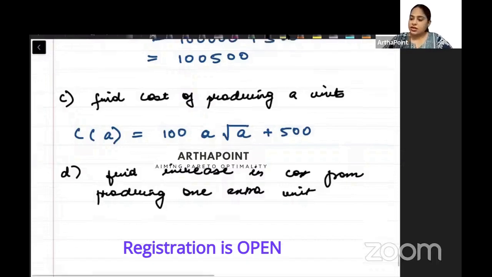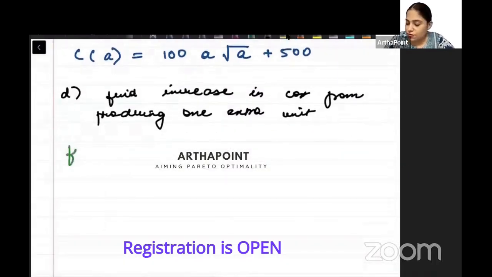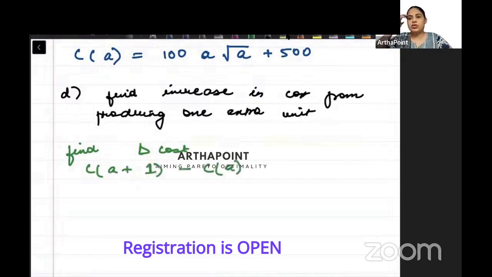They are asking you to find the change in cost from producing a plus 1 units minus the cost from producing a units. We are producing 1 extra unit. Instead of a units, we are producing a plus 1 units, and we have to tell what will be the extra cost incurred.